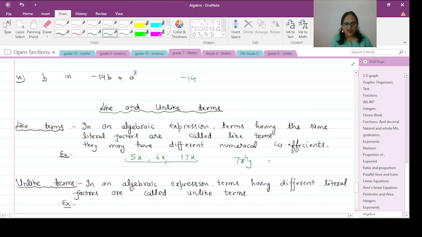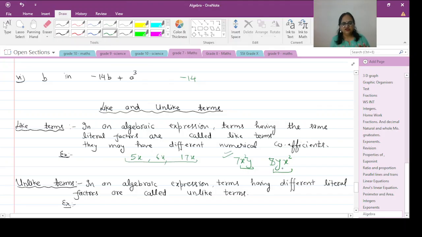7x square y and 7, make it 8, 8yx square. Can you see that x to the power 2 here, x to the power 2 here, y here, y here. So order can be changed, right? x square y and yx square, I have changed the order. These two are like terms.